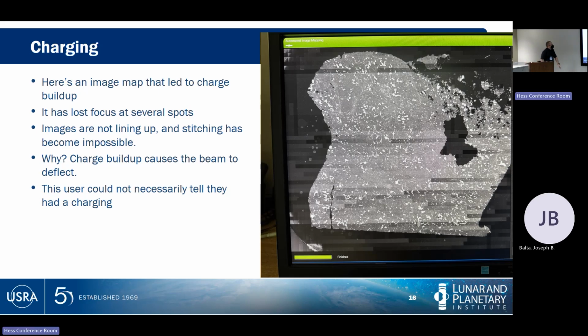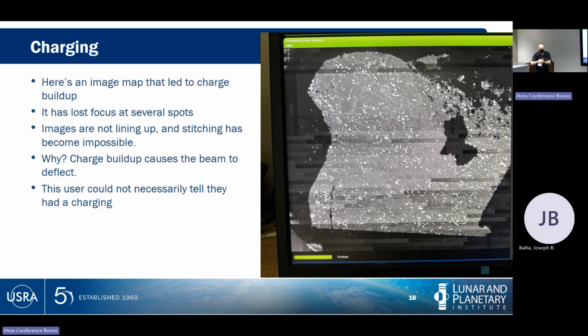The other thing that's happening here, when we go in, we find that these frames are not lining up very well at all. They'd do one frame here, and then it'd repeat the same part of the image and do another frame, so it wasn't able to stitch it. What was it doing to cause that? Another of the effects of charging is actually rather interesting.